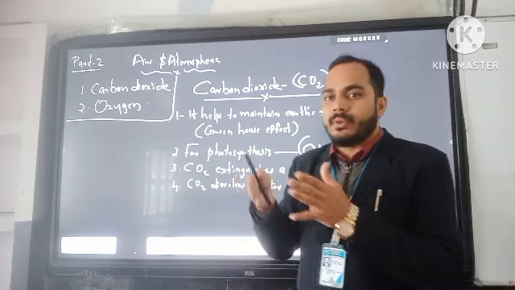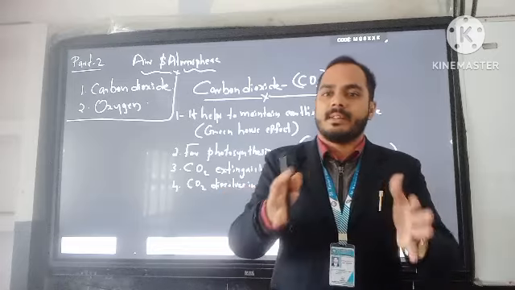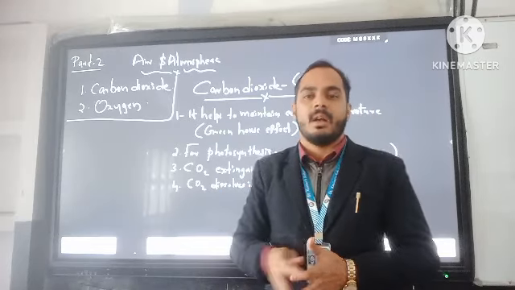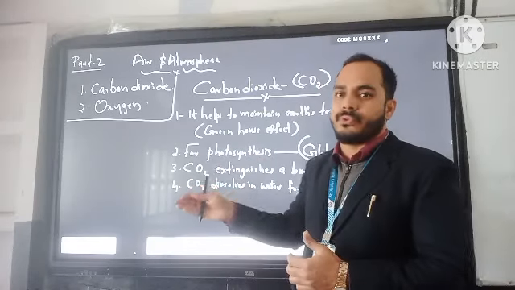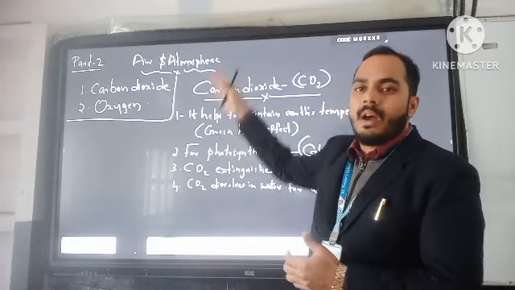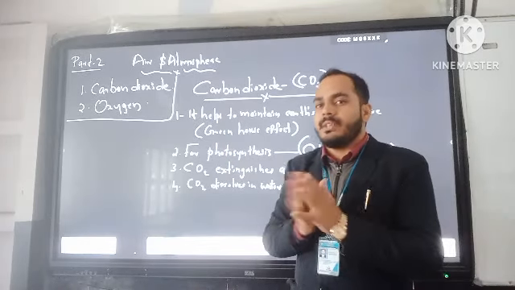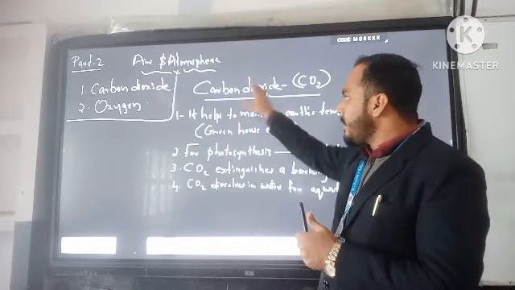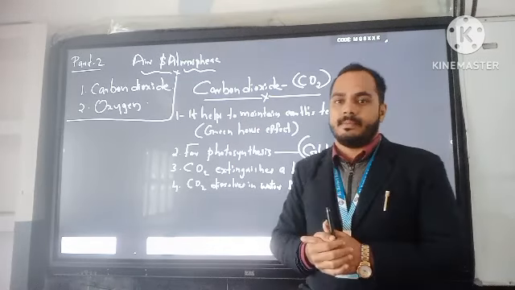The plant produces glucose. That glucose is utilized for metabolic activities, and oxygen is also produced during photosynthesis. That oxygen is sent into the atmosphere. In this way, carbon dioxide is very helpful for us.